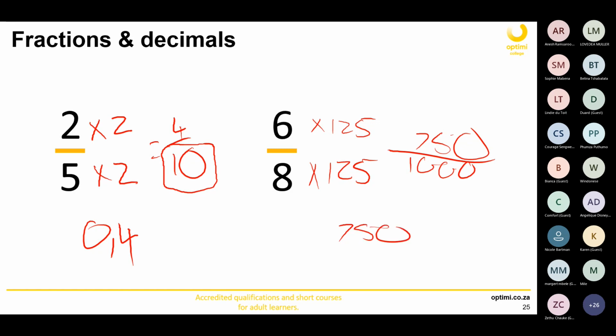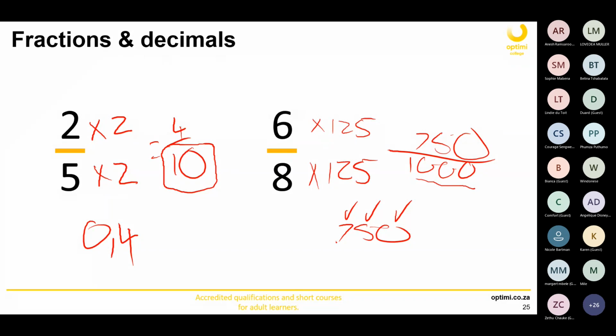Now, where do I put the comma? Well, I asked myself, how many spaces should there be after the comma? 1, 2, 3 spaces after the comma. So there's 1 space, 2 spaces, 3 spaces after the comma.